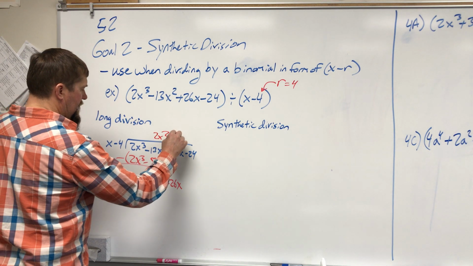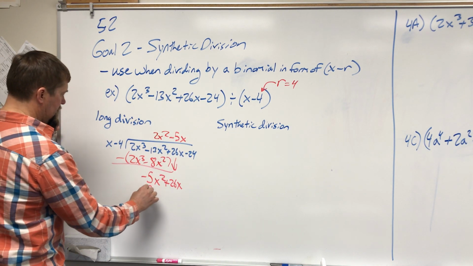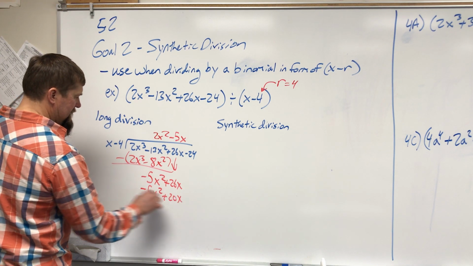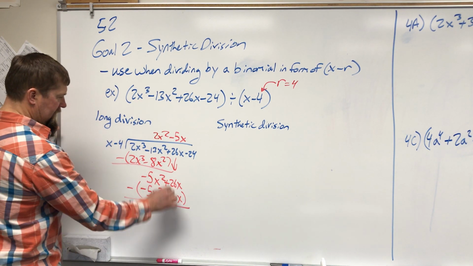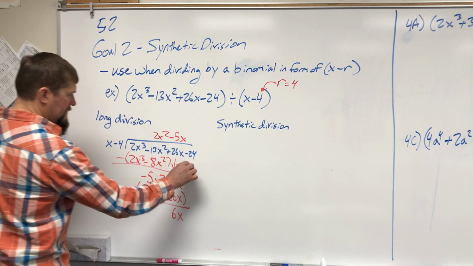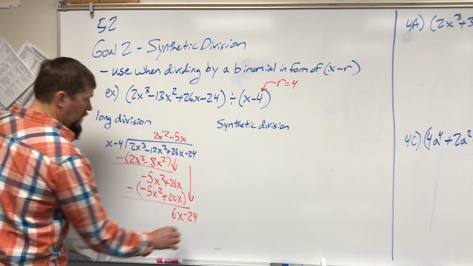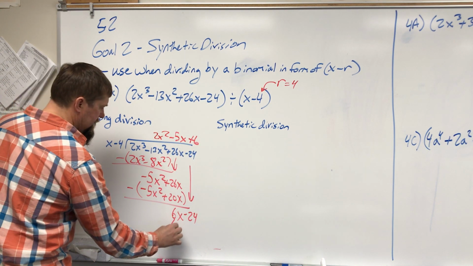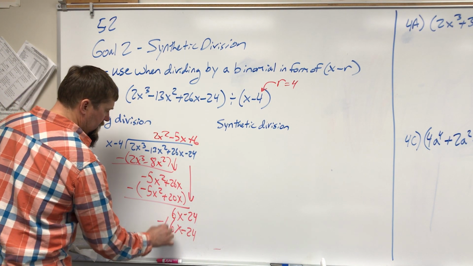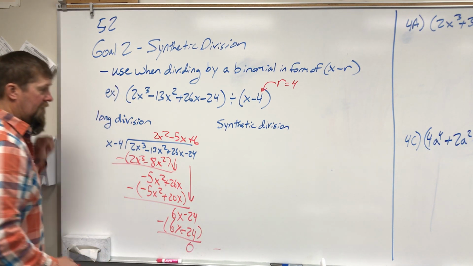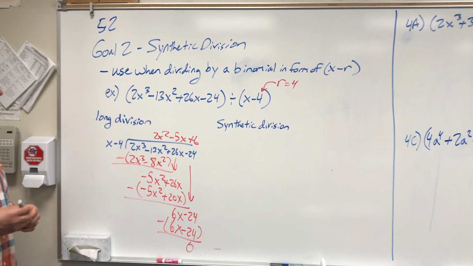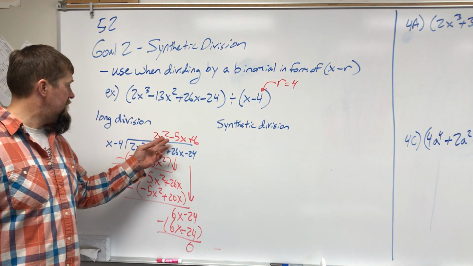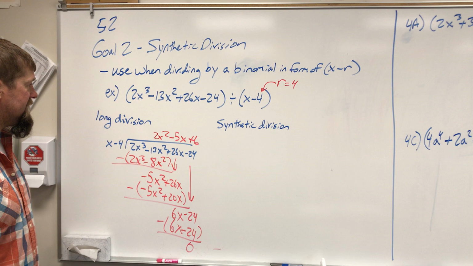Then negative 5x squared plus 20x. Subtract, and I get 6x minus 24, and the remainder is 0. Okay, so that was long dividing. My solution, or quotient, is 2x squared minus 5x plus 6.